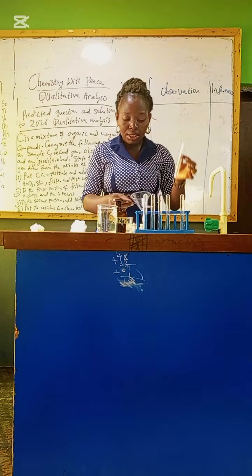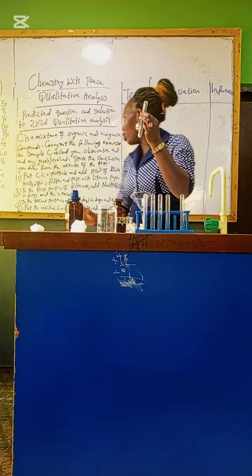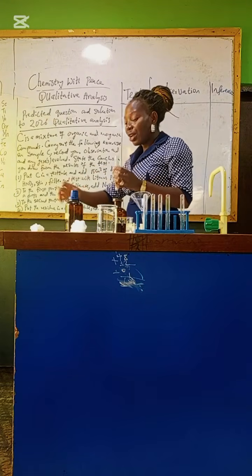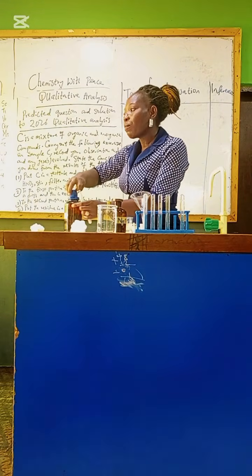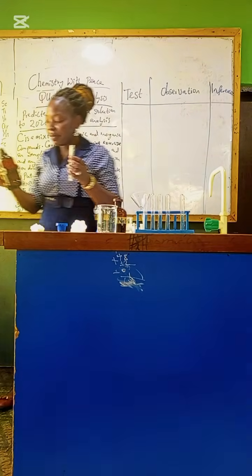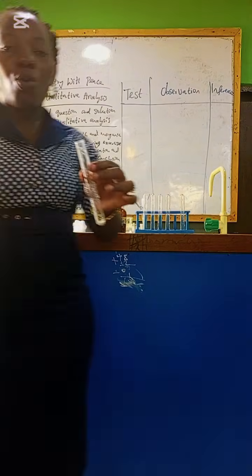This is my salt. Then put it into a test tube and add dilute HNO3. So I'm not going to measure it, but I will add reasonable amounts of nitric acid. I want you all to observe what will happen.